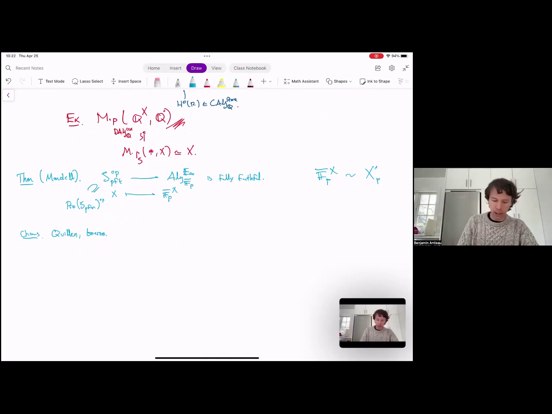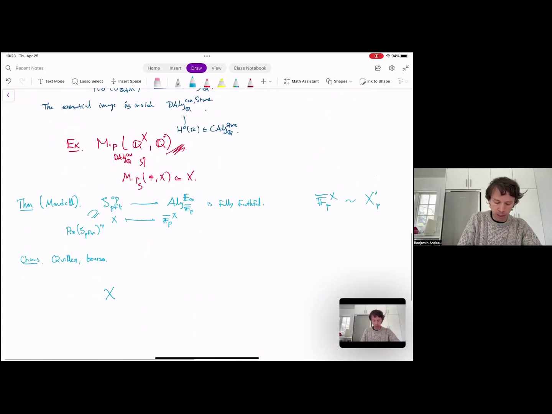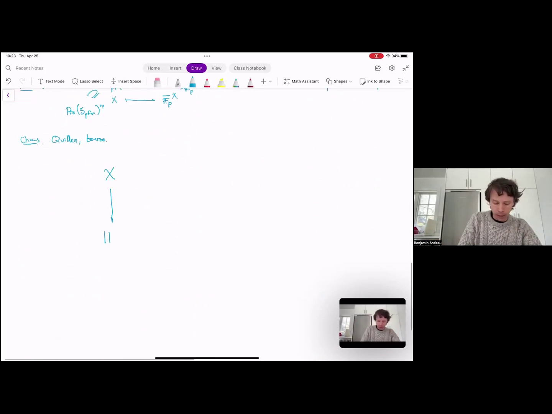And one thing we would like to use is the following thing proved by Sullivan. We can recover a space X from some kind of arithmetic fracture square. I can take the product of the p-completions, and then rationalize, and I can also rationalize.